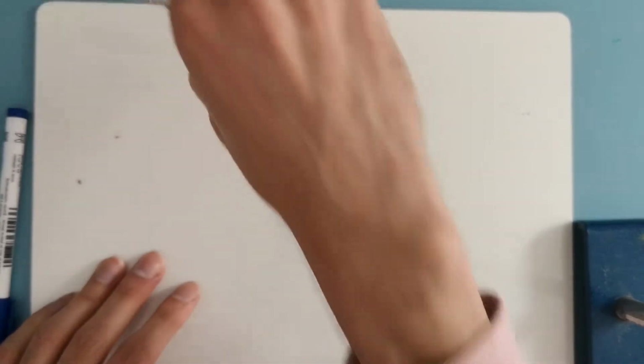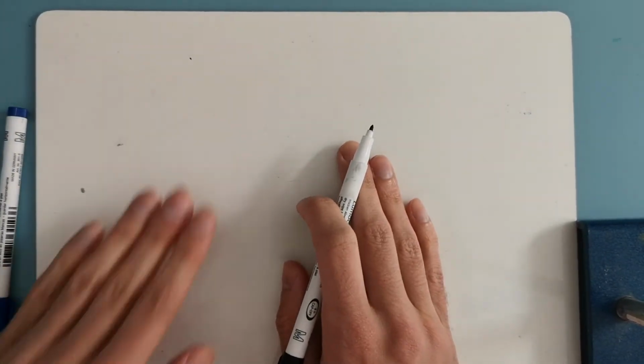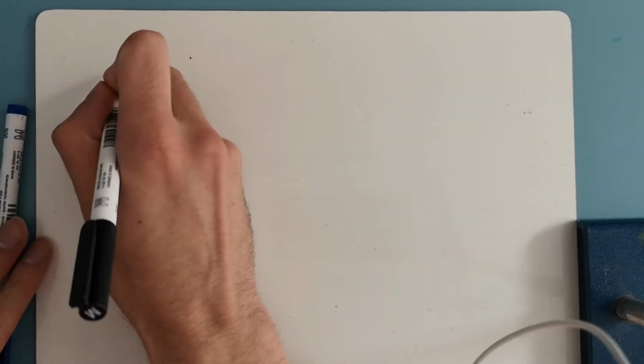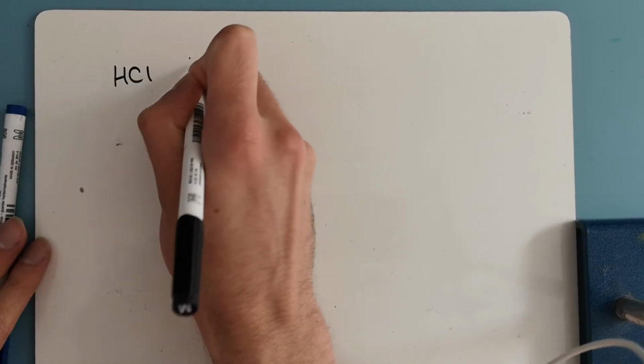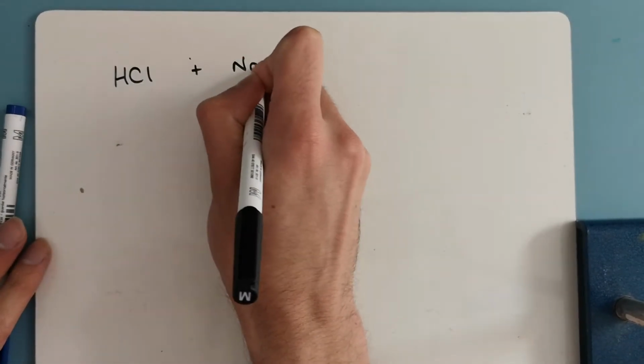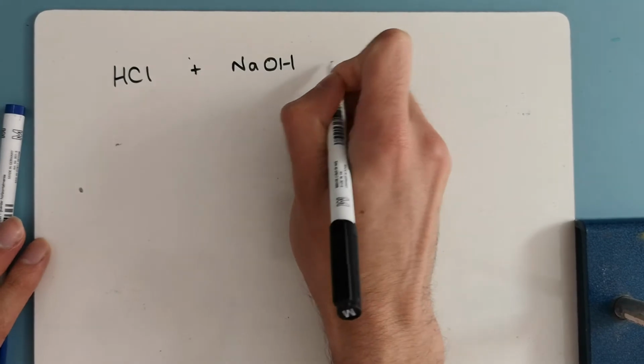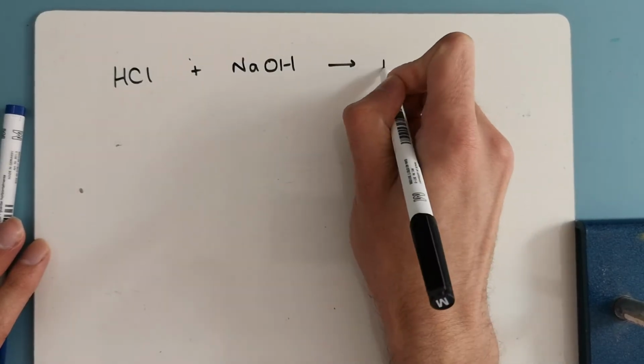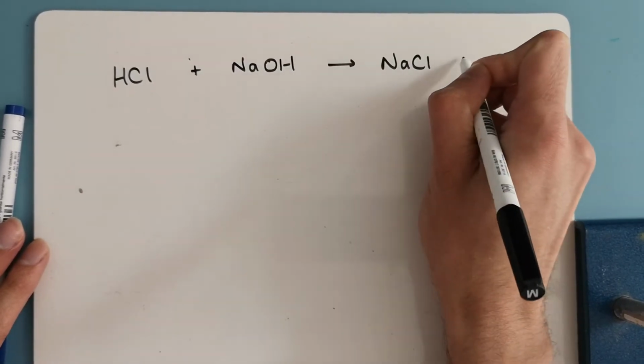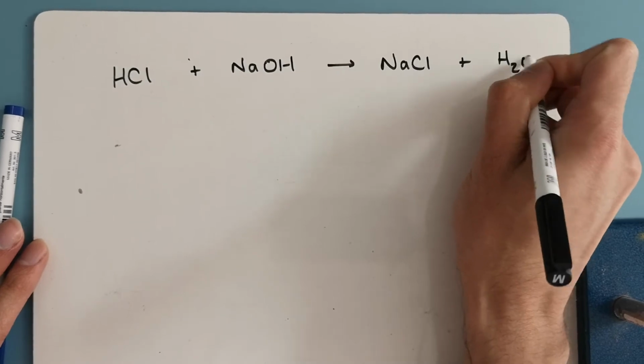And in neutralization, we're going to take our acid, in this case HCl, and react it with an alkali. And we form from this a salt, NaCl, and H2O.